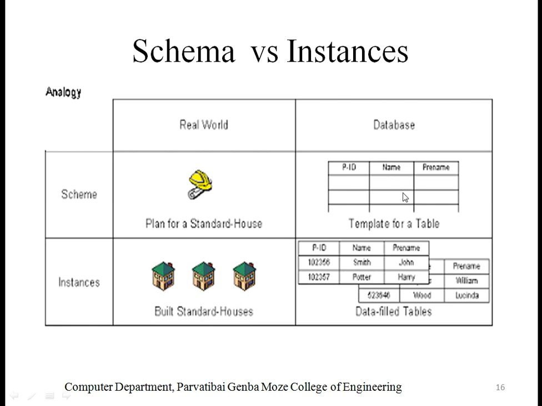Then the same with the database schema. We can say this is a logical schema, this is a physical schema, it's simply one type of schema, and this is the database schema showing the table. If it's showing the table, it's logical, and this is a view schema.